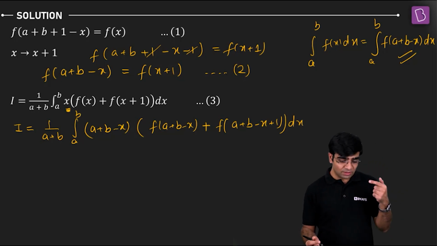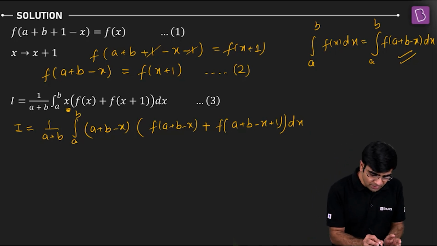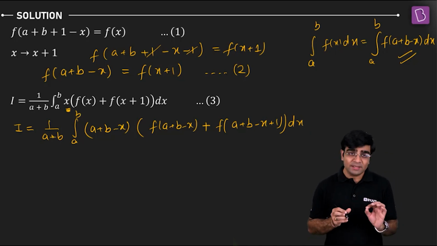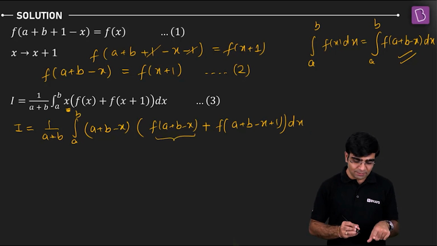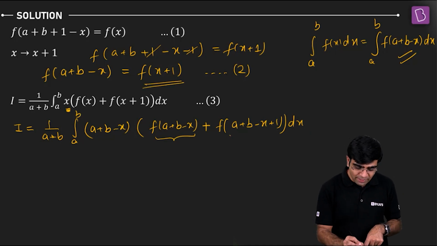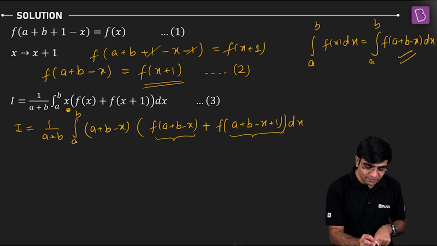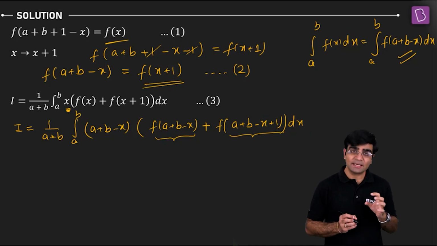Now, please use relation number 1 and relation number 2 to modify what we have just created here. What modification can we do? See, I know that this f of a plus b minus x is nothing but simply f of x plus 1. Similarly, f of a plus b minus x plus 1 is nothing but f of x. Wow, this is exactly what we have inside.